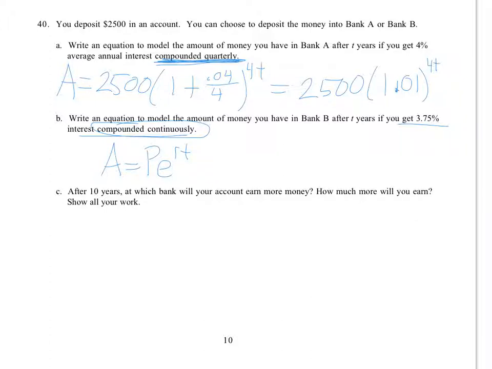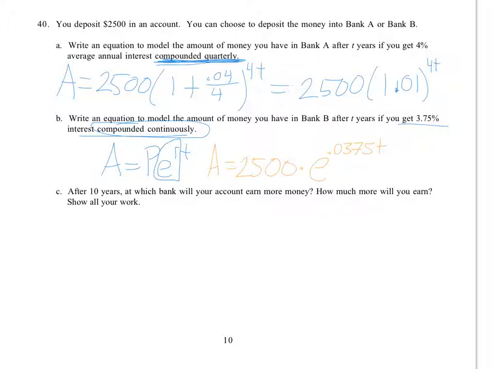The things mean the same thing, but now we've got our scale factor, that e to the r piece. And then looking at this, we're going to have A is equal to 2,500 times e to the 0.0375t.